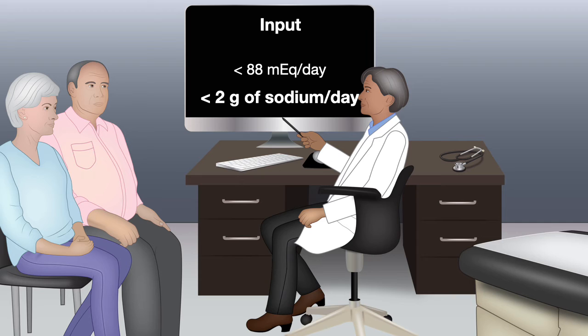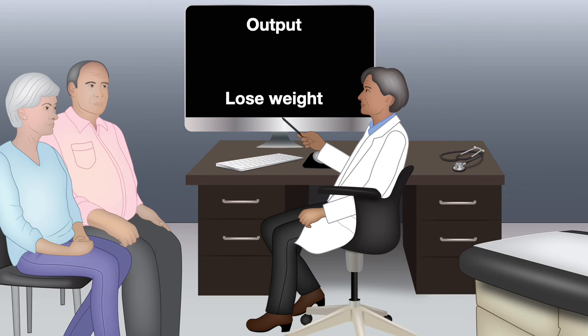So, we talked about input. Let us talk about the output. When it comes to output, how do we improve the excretion of salt from the body so that we create a negative salt balance, thereby allowing the patient to lose weight?